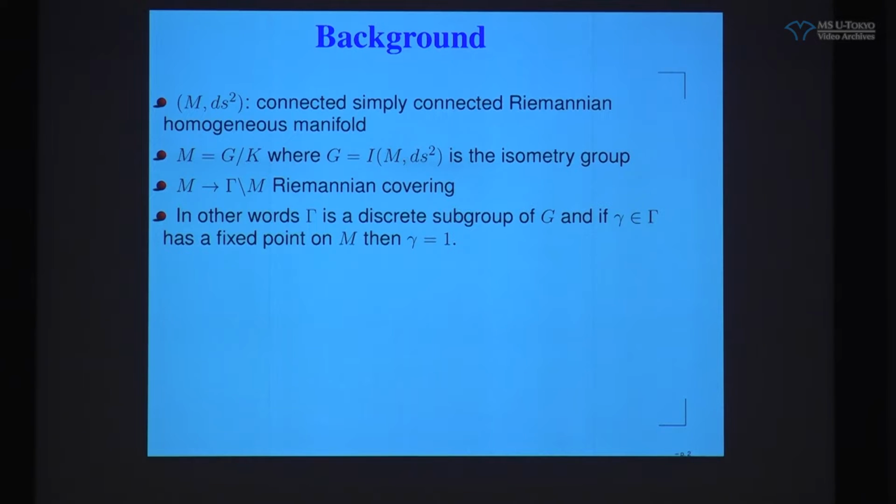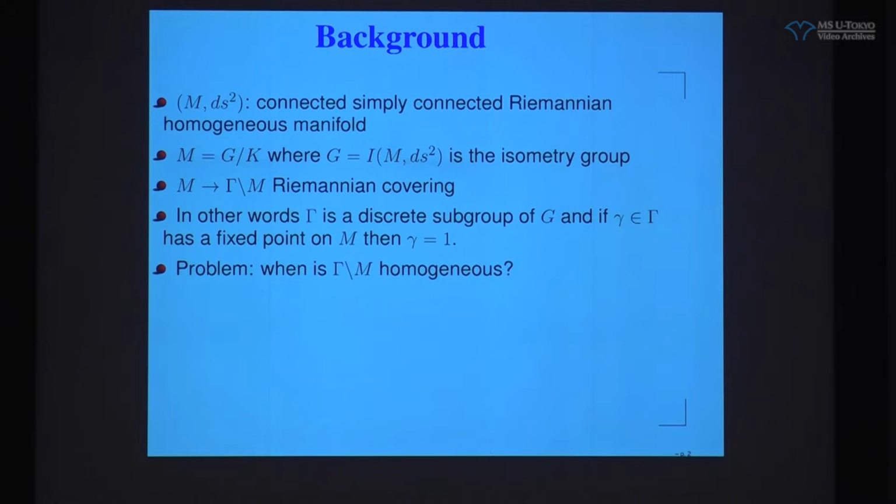In other words, consider the group of covering transformations, which we take as a discrete subgroup of the isometry group, where every element has no fixed point unless, of course, it's the identity. So the question now is, when is the quotient globally homogeneous?